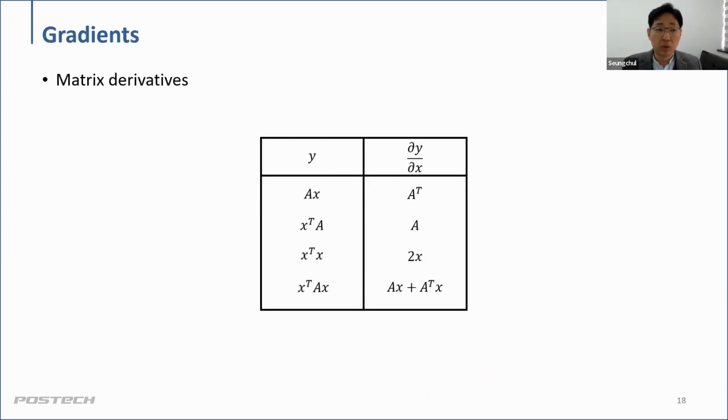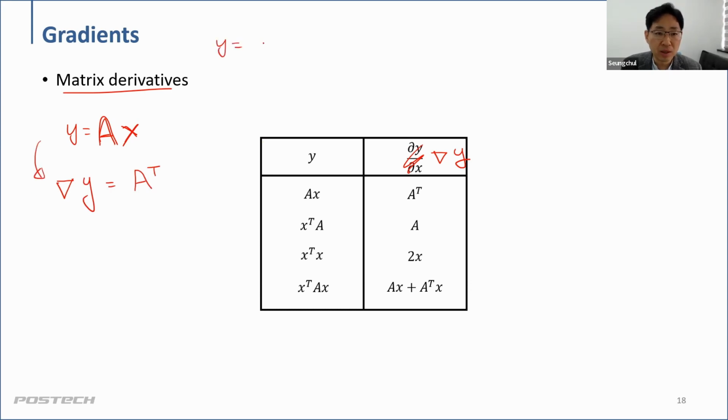Another way we can do this is to think about matrix derivatives. What we mean by that is, say we have y equals Ax. Here I represent A as a matrix and x as a vector. The gradient of y is A transpose.